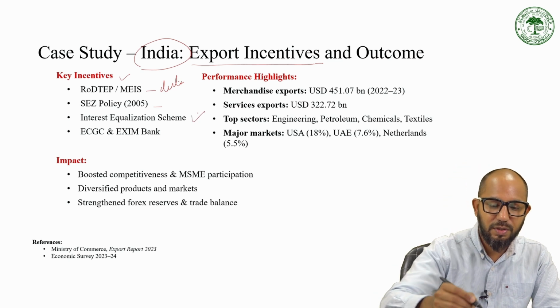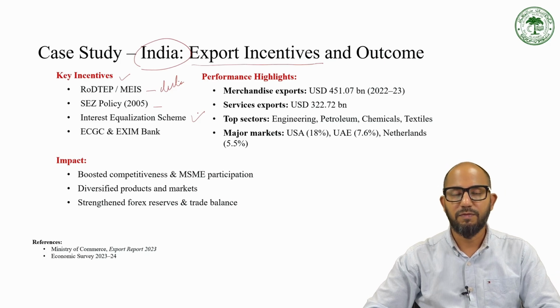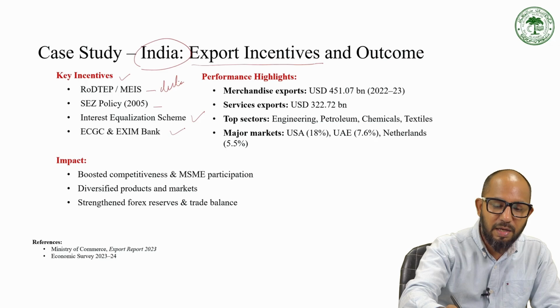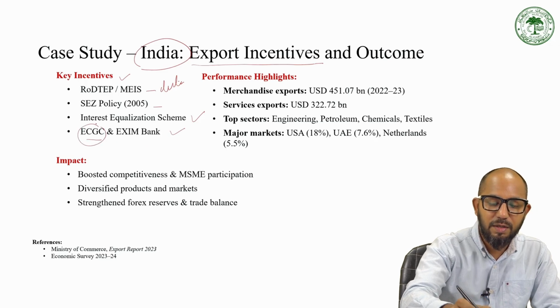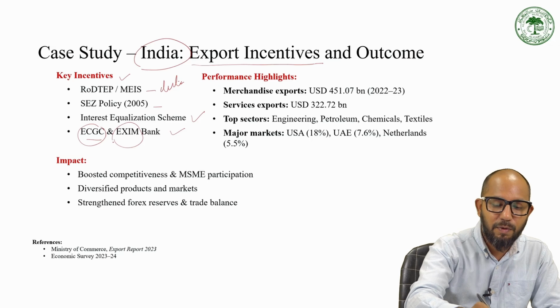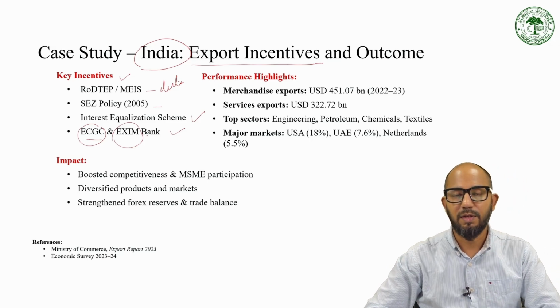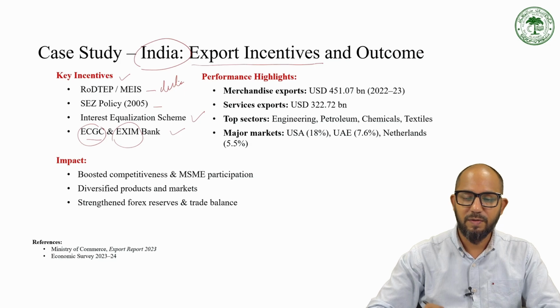Interest equalization scheme to counter the differences in the interest in the two economies. ECGC and Exim Bank, the credit facilities provided by this government institution. Export Import Bank is for facilitating the transfer of money in export import activities.